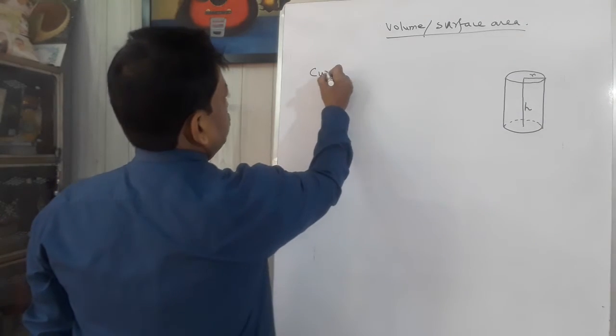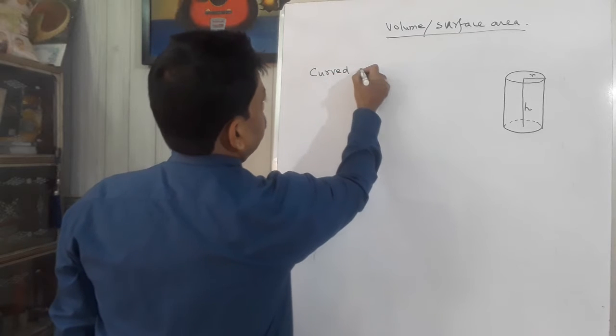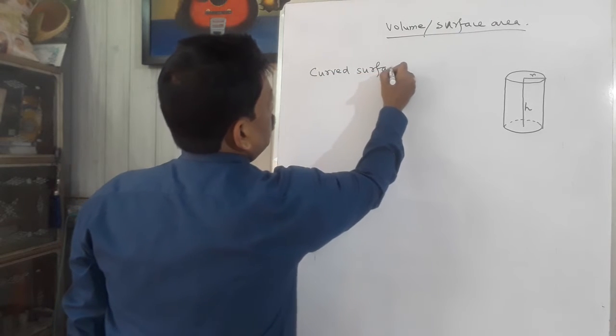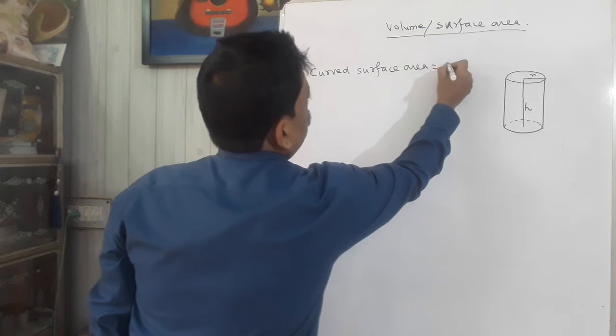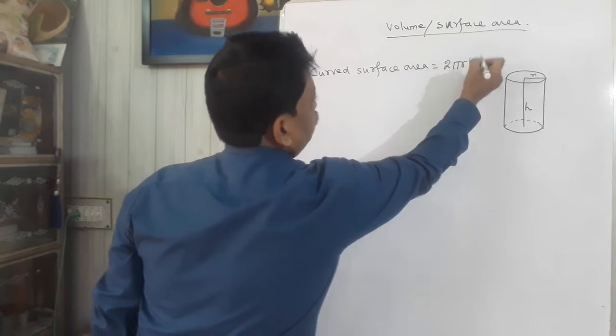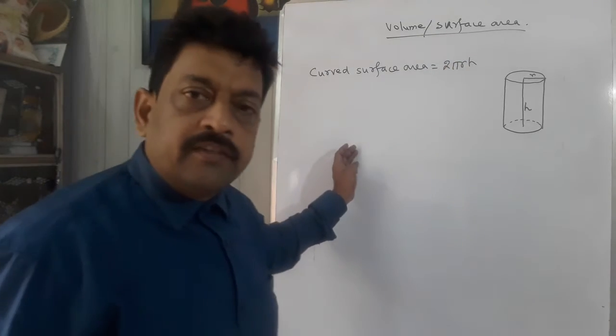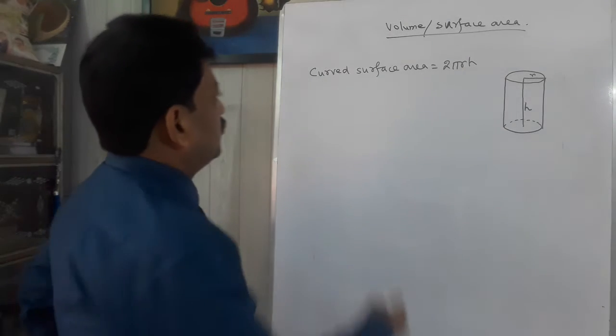So the curved surface area or lateral surface area equals 2 pi RH. Curved or lateral surface area is 2 pi RH.